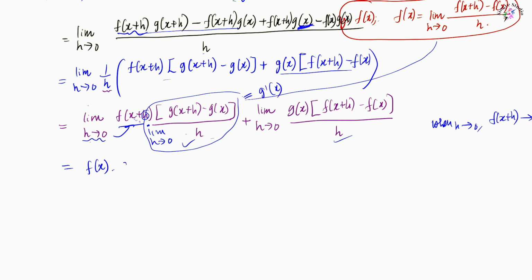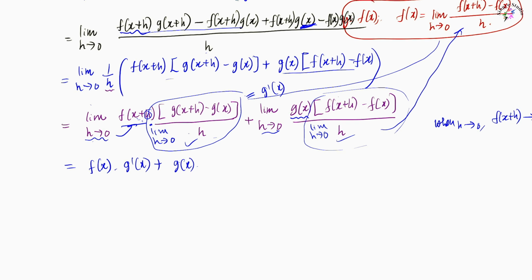So we can write g prime of x plus, here g of x is independent of this limit, so it is g of x times, and this limit should be distributed to this term also. By distributing this limit, this term is exactly the limit definition, so this is just f prime of x.